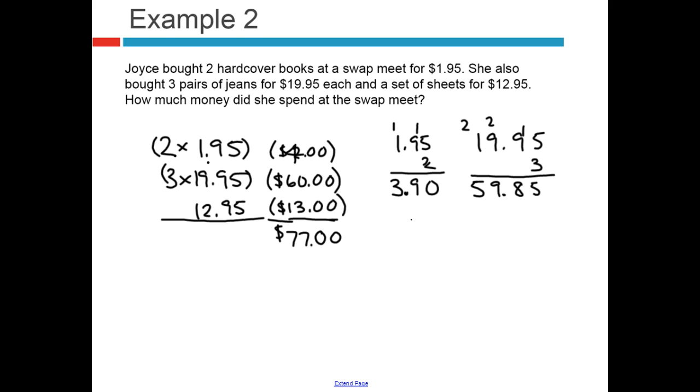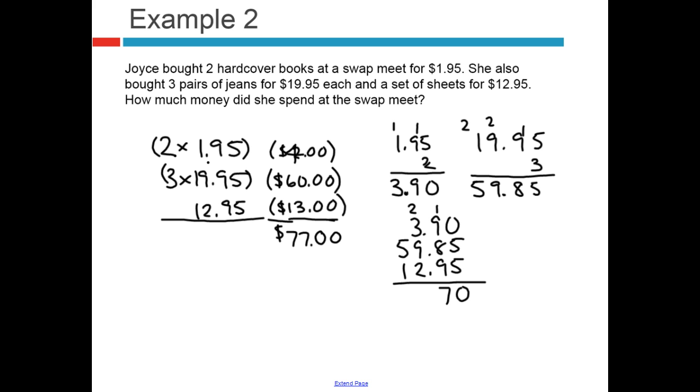So we're taking $3.90 plus $59.85 plus the $12.95. So we'll have 10. So 18 and 9 is 27.